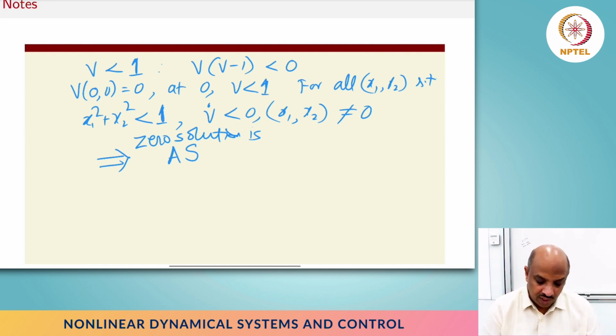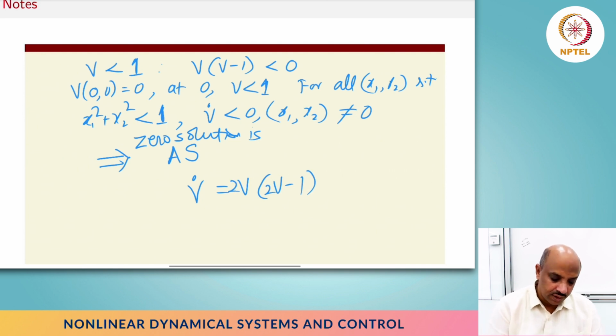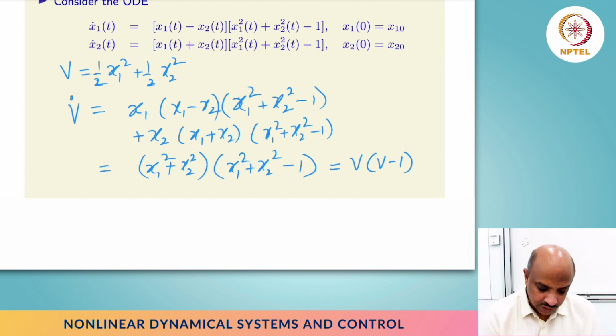Okay. But we have this v dot is equal to v times (v minus 1). Sorry, actually this is 2v. I should have picked v to be x1 squared plus x2 squared, and then let's modify that.